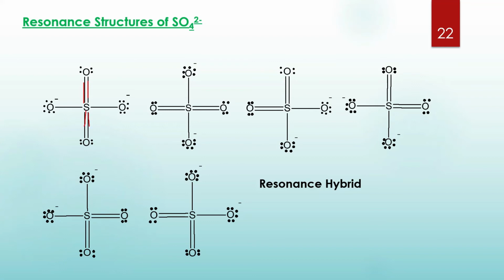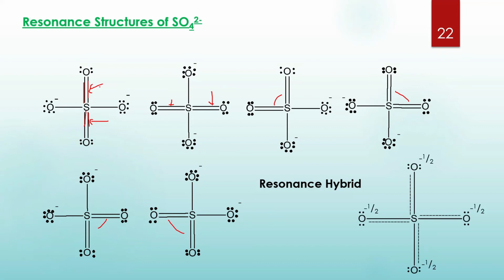Now remember, the pi bonds can vary, but the sigma bonds must remain the same. So from there, I move the double bond here, and then I move it here, and here, and here. I vary the position of that double bond, and by varying the position, I get 6 resonance structures like this. Now let's draw the resonance hybrid.